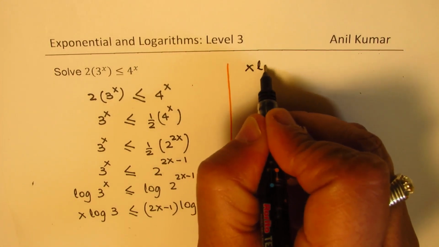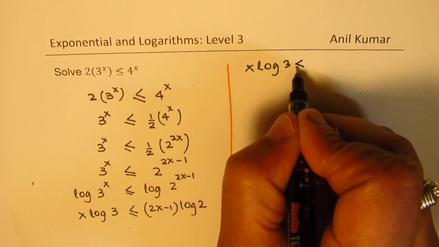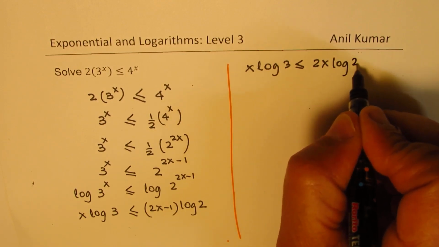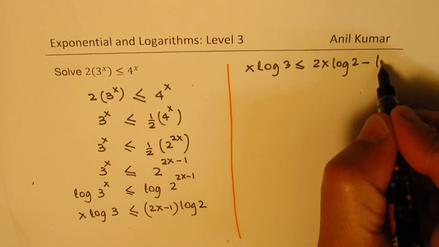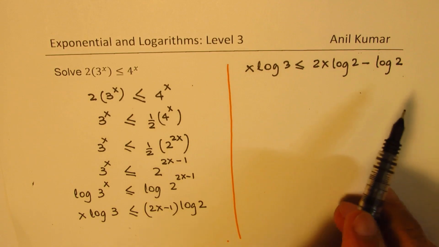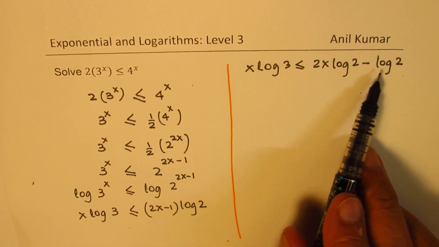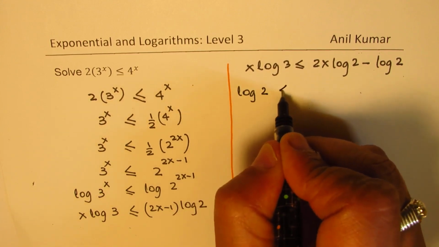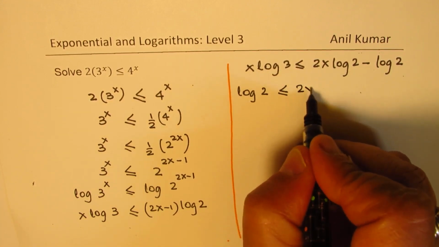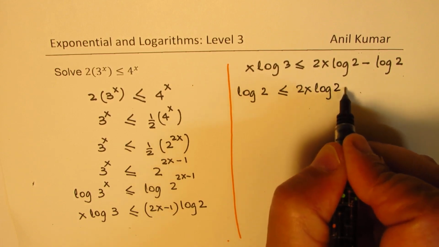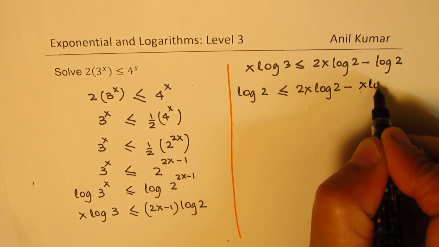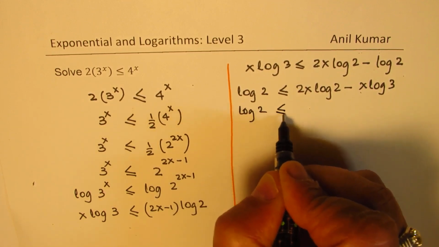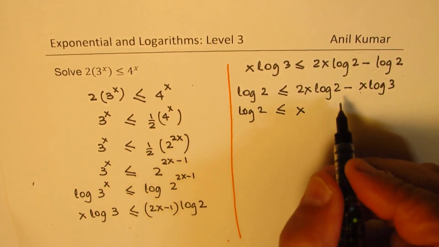So we have x log 3 less than or equal to 2x log 2 minus log 2. So we get this constant here, log 2. Let's take it to the left side. So we get log of 2 and these things, which is 2x log of 2 minus x log of 3. So we have log of 2 should be less than or equal to x is common.